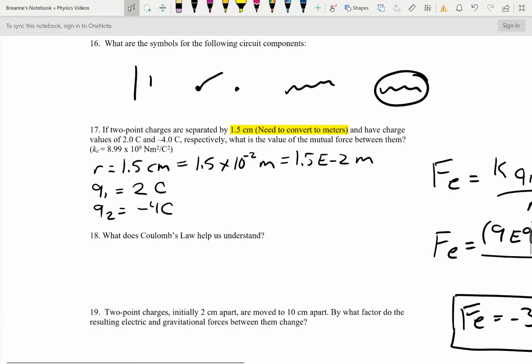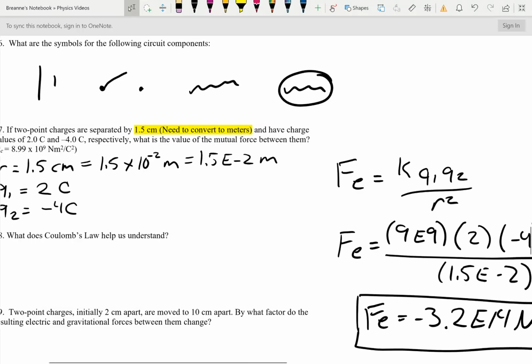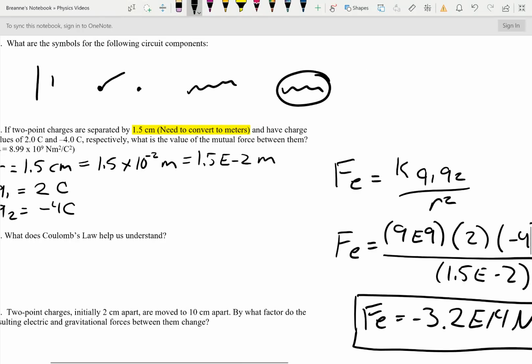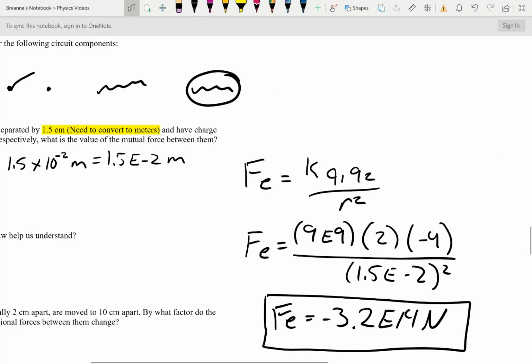So what does Coulomb's law help us understand? Let's use this equation to look at it. We have a positive and a negative charge. This would be a proton, and this would be an electron. Since one's positive, one's negative, they are going to be attracted to each other.